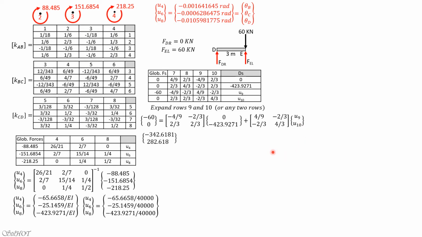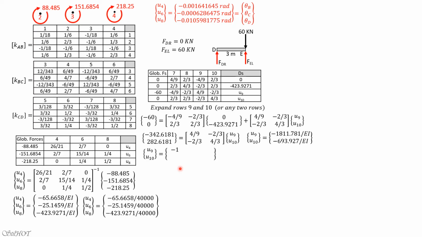So, the simplification: negative 60 minus 4/9 times 0, negative 60, then minus negative 2/3 times negative 423.9271, that's the value. 0 minus quantity 2/3 times 0, so 0 minus 2/3 times negative 423.9271, so it becomes positive 281.6181 equals this matrix here times U9, U10. Solving for U9, U10, using your calculator, then you'll get negative 1811.781 over EI and negative 693.927 over EI.